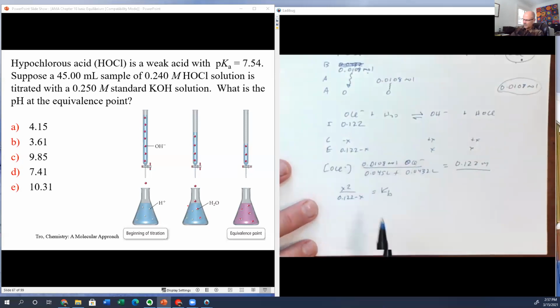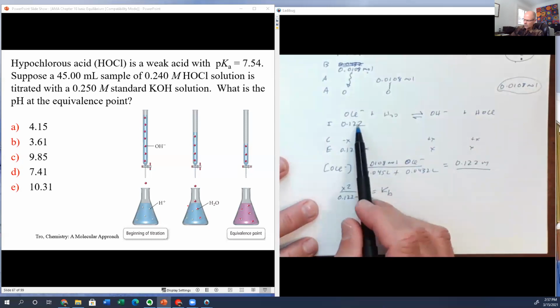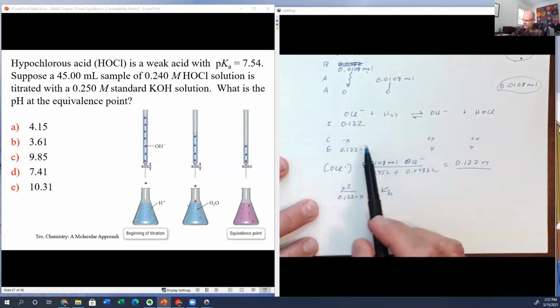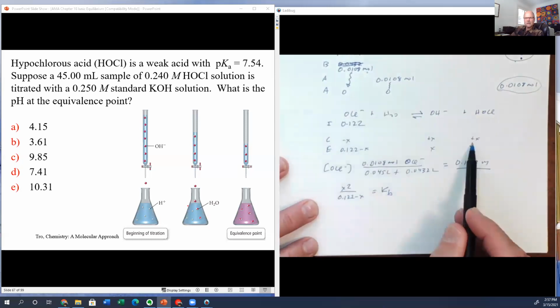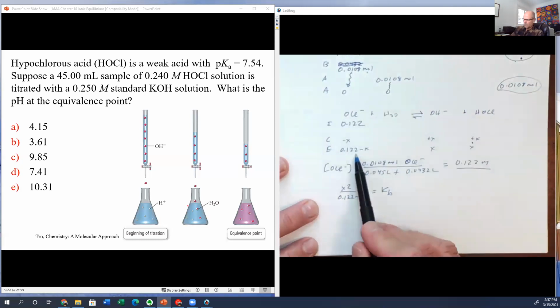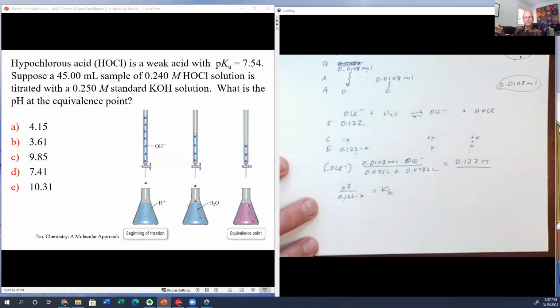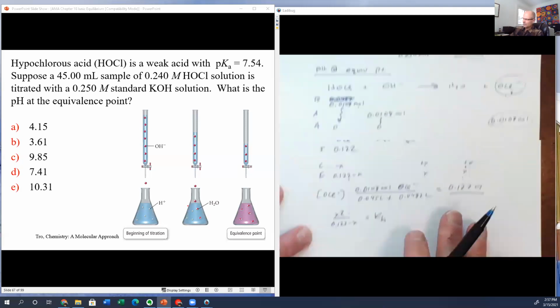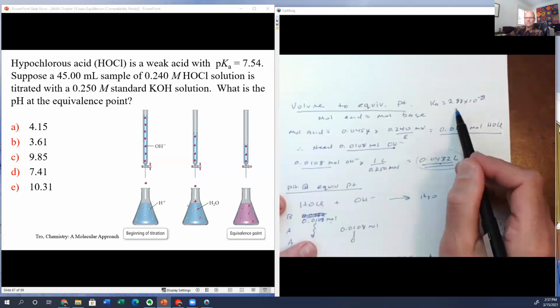The next step is to finish your ICE table. So you know that this is going to go to the right, minus x, plus x, plus x, right? So you've got 0.122 minus x, and x, and x. So x squared over 0.122 minus x is equal to Kb. The next tricky part of this problem is how in the heck do I get Kb? Because I was given Ka, right?